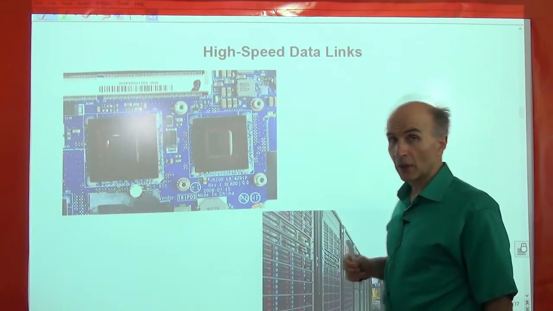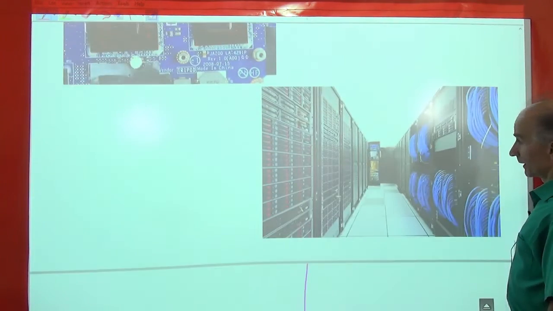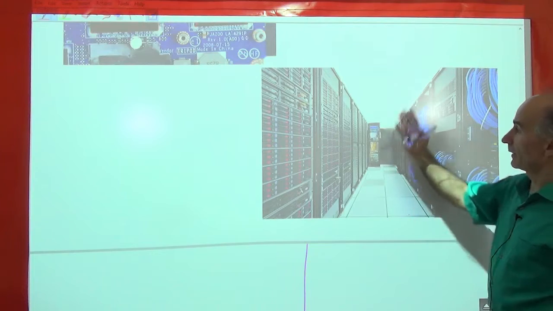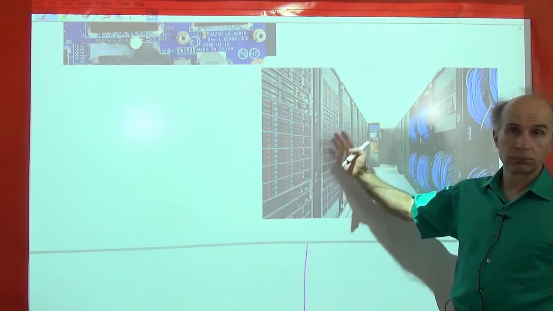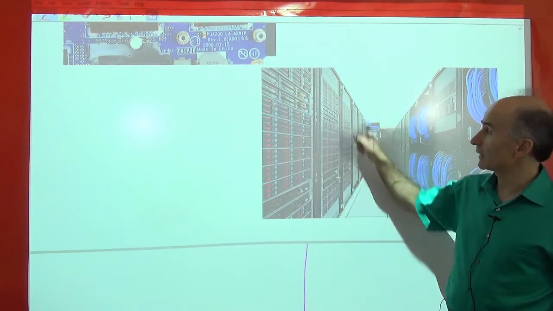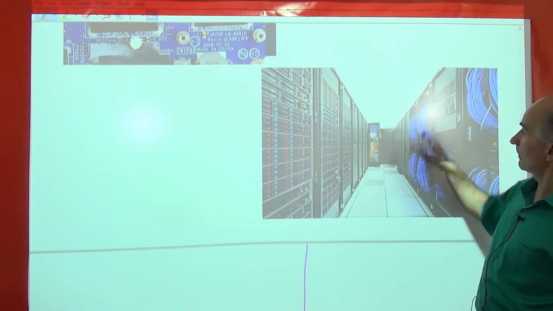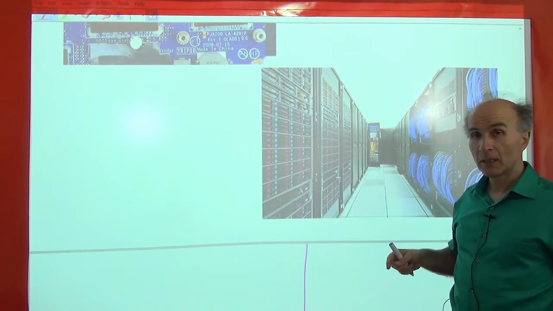Another example are data centers, as you can see down here. Here's a data center. You have all these racks of various servers, computers, right? And these all have to be connected to each other. Usually they're connected from the back with lots of cables and lots of maybe optical fibers.